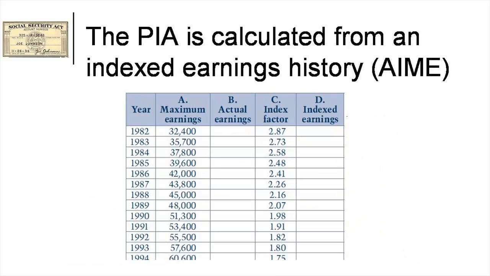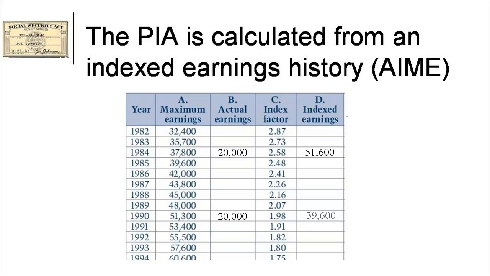The primary insurance amount is calculated so as to reflect roughly, although not precisely, the worker's covered earnings over his or her working lifetime. Higher levels of earnings produce higher PIAs. Earnings are not averaged without regard to when they were acquired, thus they are said to be indexed.